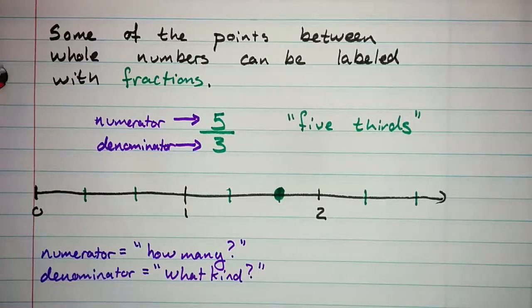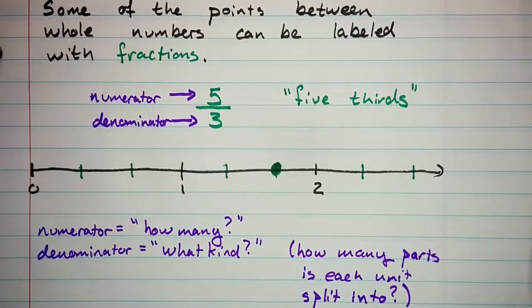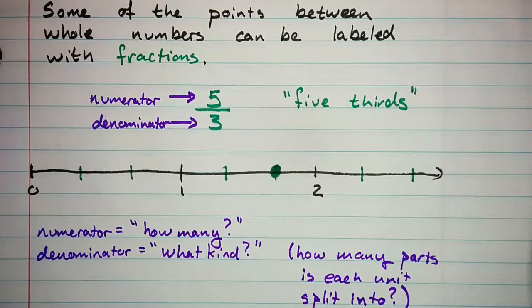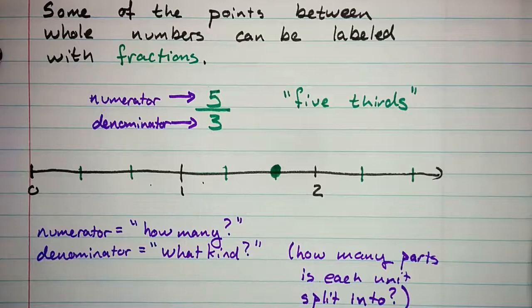The denominator tells us what kind of fraction we're dealing with. Think the denominator names. Denominator like what denomination of currency is that, right? What kind? How many parts has each unit been split into?